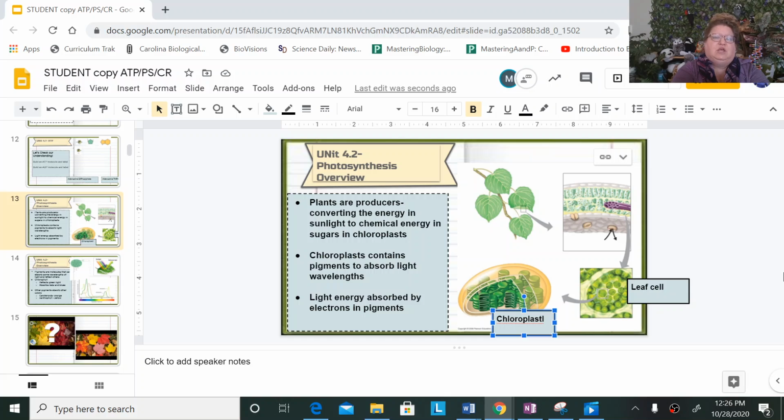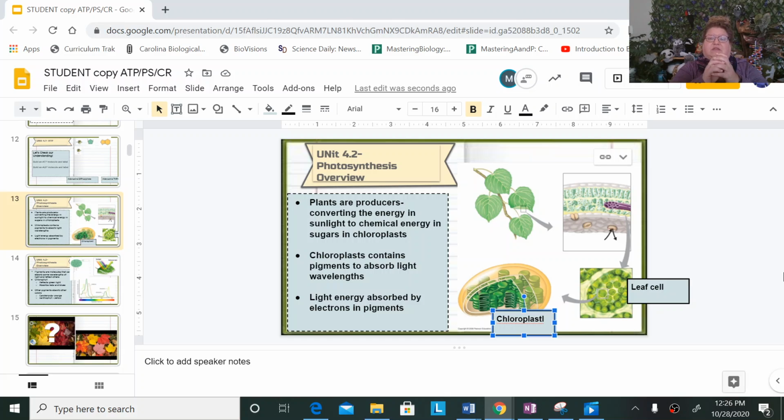Now, pigments, you've probably heard that word before, most likely in art class. You hear about the pigments in paints and colored pencils and crayons. And pigments are pretty much any molecule that can absorb light wavelengths. And so it's this light energy that's absorbed by the electrons in pigments. And that's going to be the key.